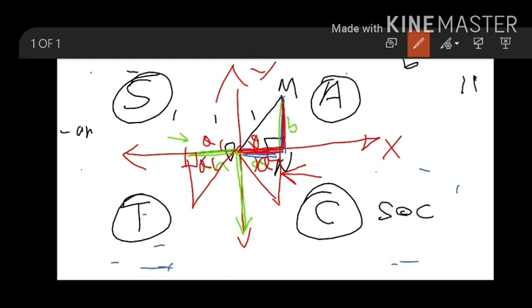This is sec, this is all, sine cosec, tan cot. Otherwise you can remember it as "After school to college", or "After school to coffee", whichever way you find convenient.